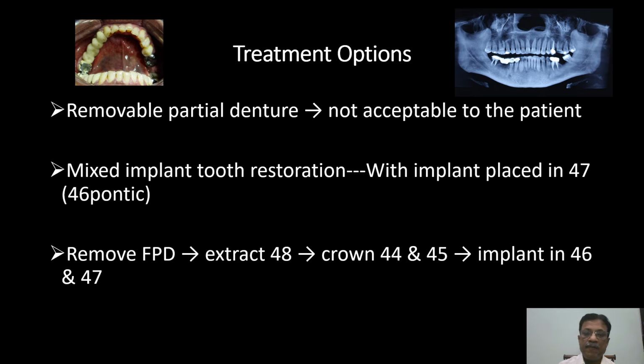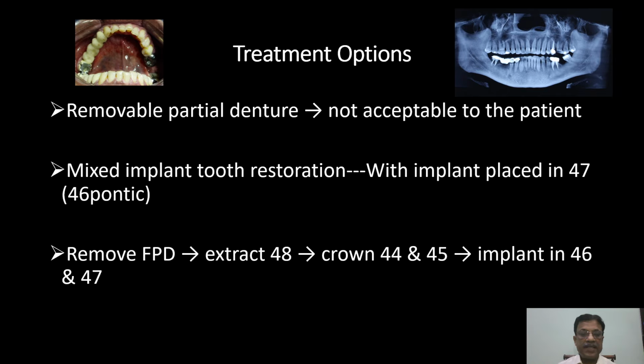Now, if we consider the various options by which we can give fixed restorations, there are 2 options. One is mixed implant-tooth restoration. That means we place an implant in the 47 region and connect a natural tooth with an implant and place an FPD.